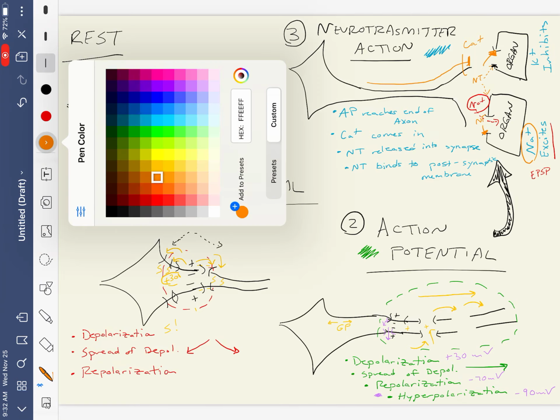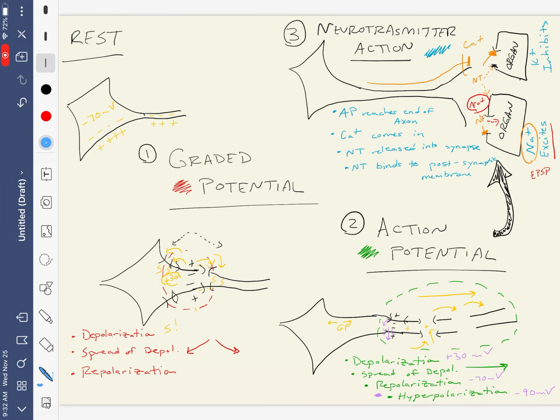But on the other hand, what if we have a neurotransmitter binding to a potassium channel? If this is the case, the potassium channel will open and potassium is going to flow out. And if the inside of the organ membrane all of a sudden loses a lot of positive potassium, it will become even more negative.